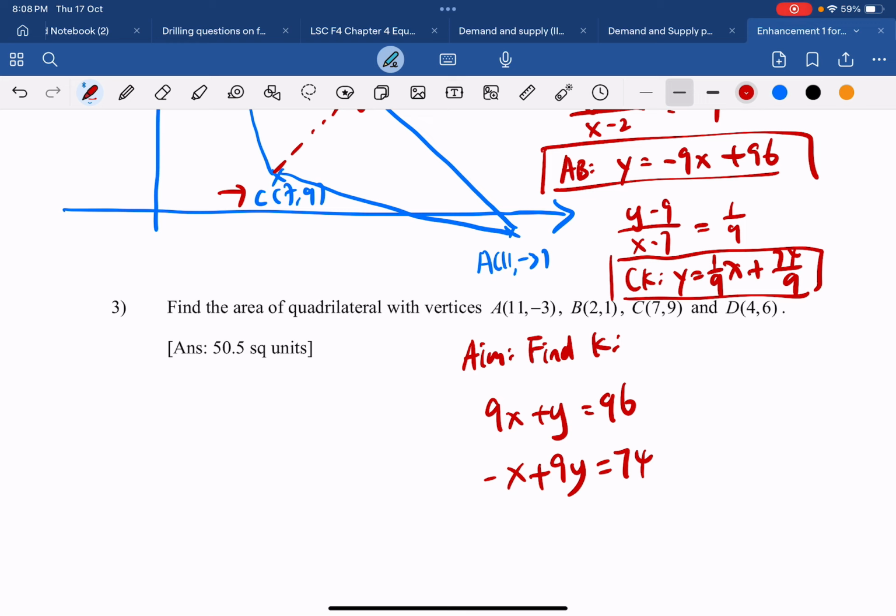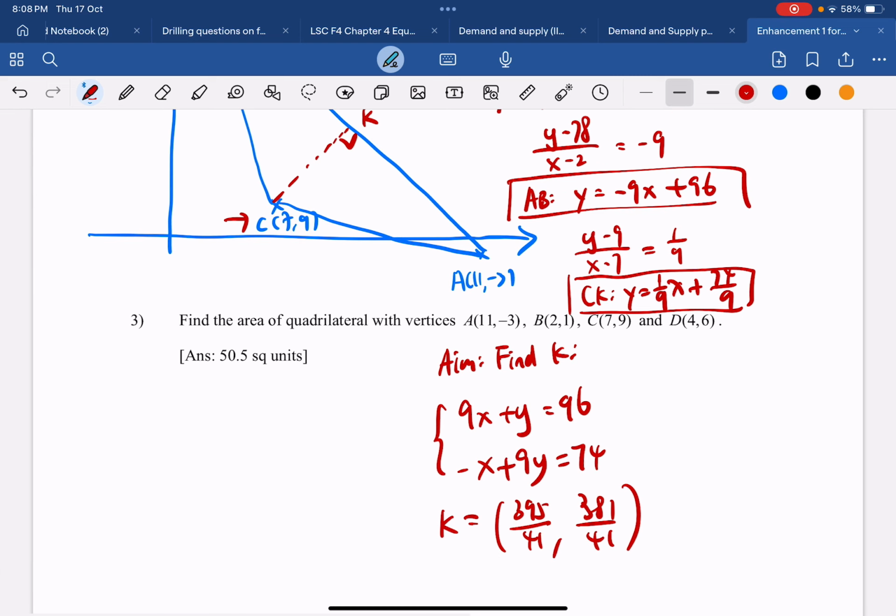After you press the calculator program, you will find that K is 395 over 41, and then 3x1 over 41.